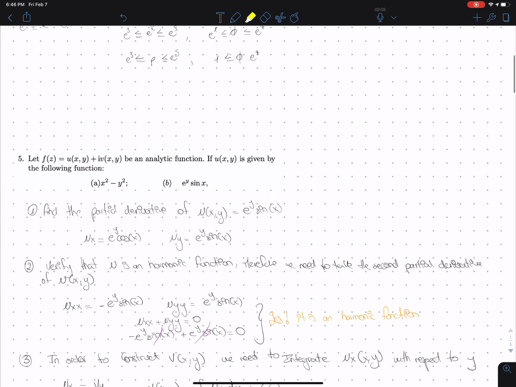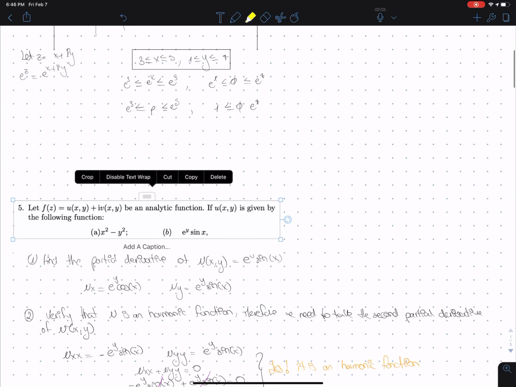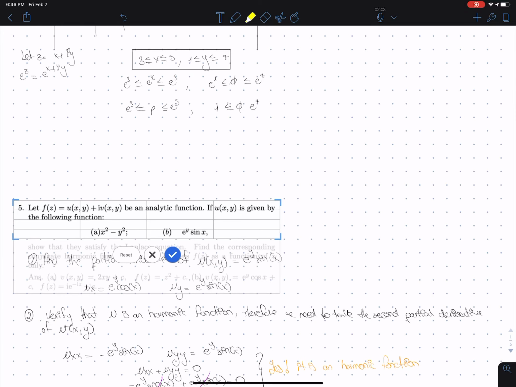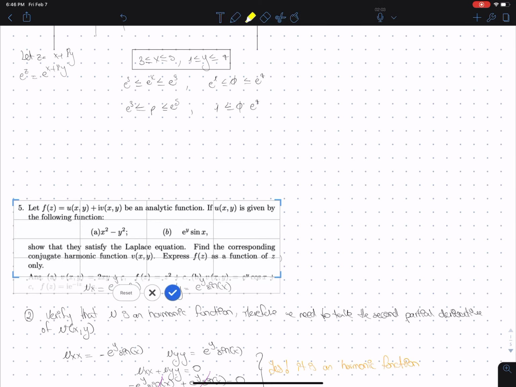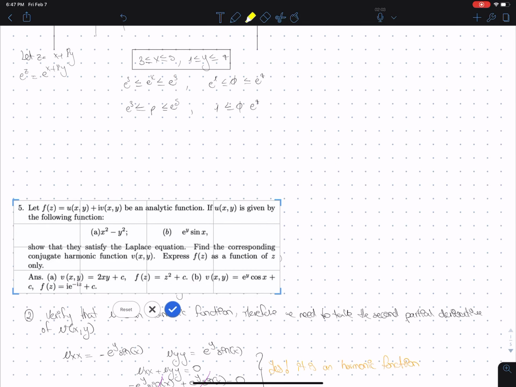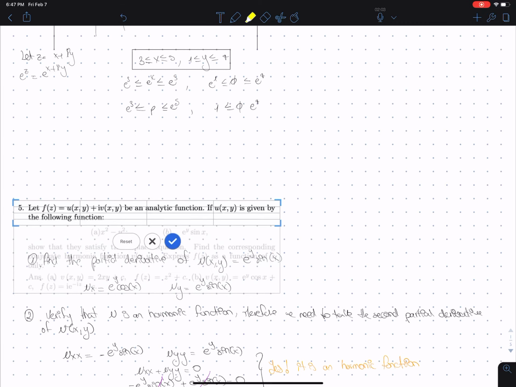Let's see. As we can see here, the answer is equal to e to the y cosine x plus c, where c is a constant. So our answer is correct.